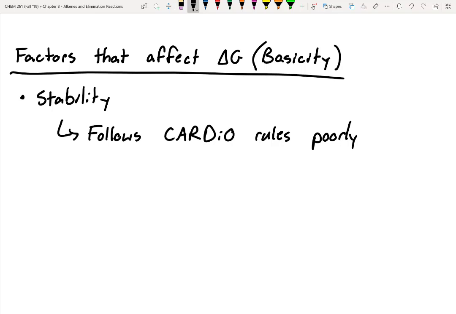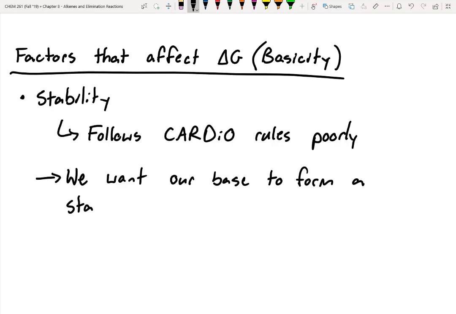And then next thing we think about is we want our base to form a stable, non-acidic conjugate acid.